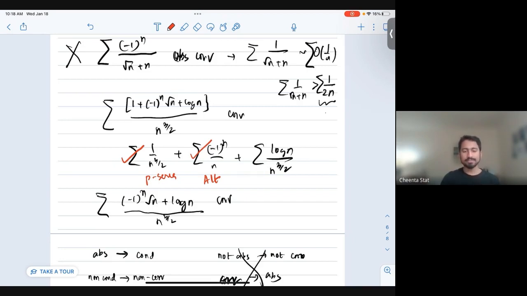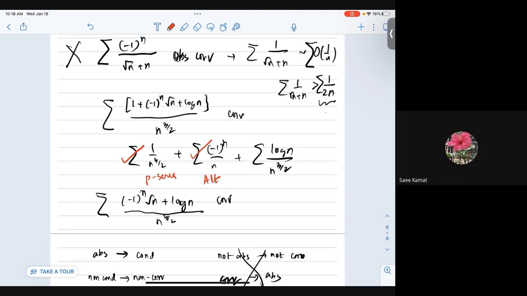Yeah. Any other ideas? We have to find something for log n. We know that log n is always less than n, but it doesn't give us anything because the upper bound is diverging, so it doesn't give us anything.